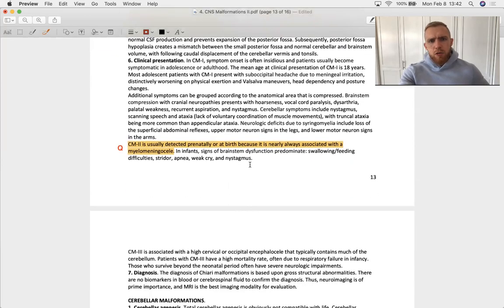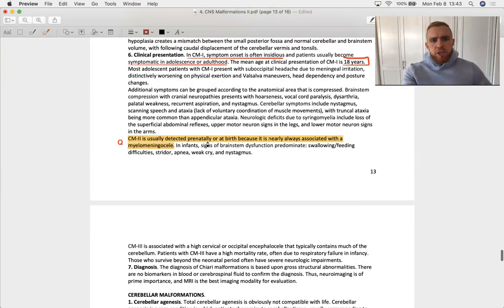Chiari 2, let's see. How do you tell them apart? When do they present? In Chiari 1, symptom onset is insidious, like that mid-2000s horror movie, and patients usually become symptomatic in adolescence or adulthood. The mean age is 18 years for a Chiari 1 at presentation.